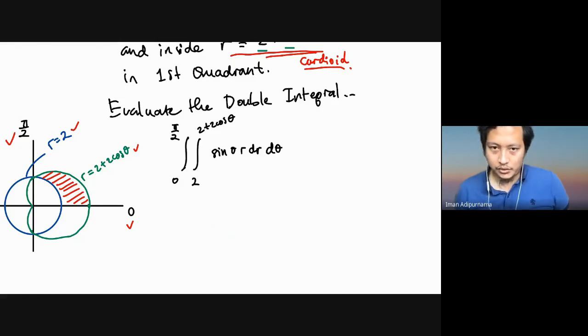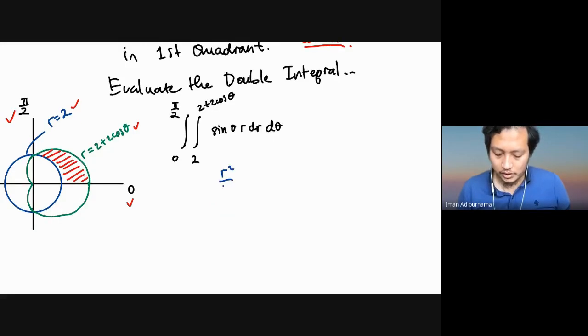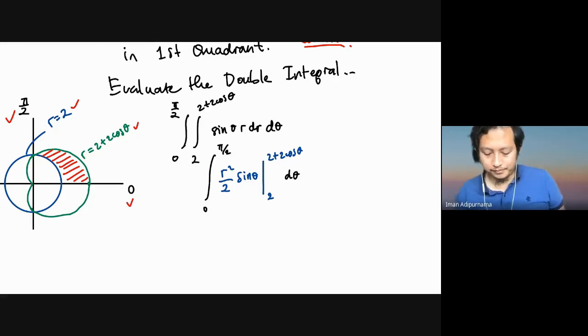Okay, we can write down that when you integrate r, it will be r squared, right? And then you still have sine theta, and then you need to plug in this value. So let's start to plug in the integrations.